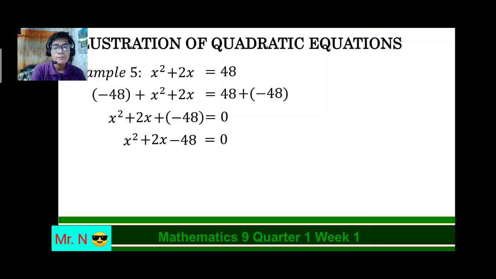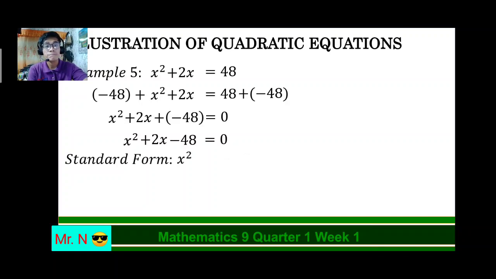And now, is it written in standard form? Let's see. X squared, quadratic term, check. 2x, linear term, check. Negative 48, constant term, check. So, meaning to say, this resulting equation is a quadratic equation written in standard form.